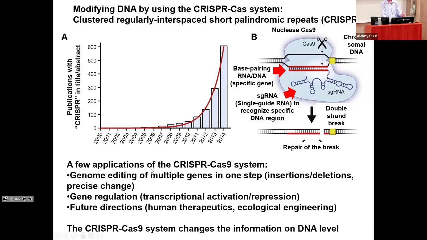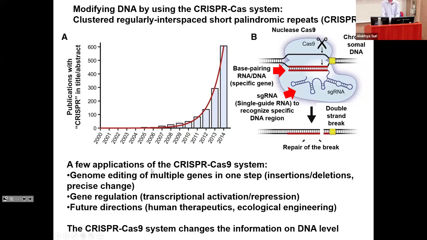The ultimate application for these systems would be human therapies, for example, to correct mutations in the genome. There could be, I think, muscular dystrophy. I think they already corrected this. You can see here from the timeline, it's about maybe 10, 15 years or so, 20 years.